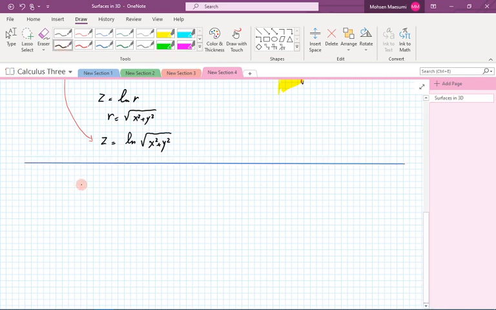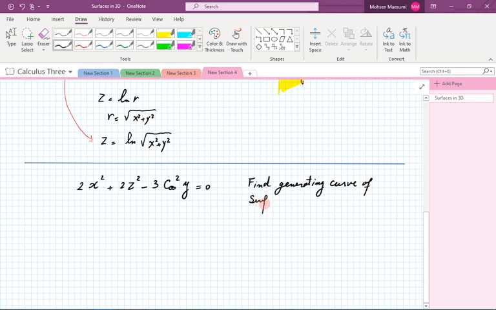Suppose we are given a surface 2x squared plus, say, 2z squared minus, say, 3 cosine squared of y is equal to 0. What we are trying to do here is to find the generating curve of this surface of revolution.